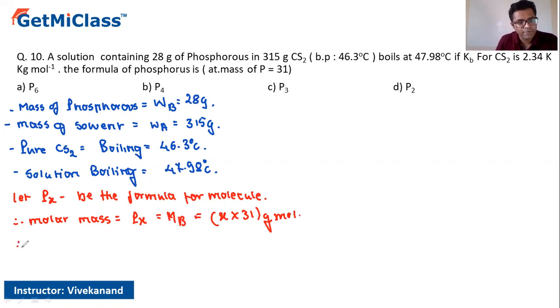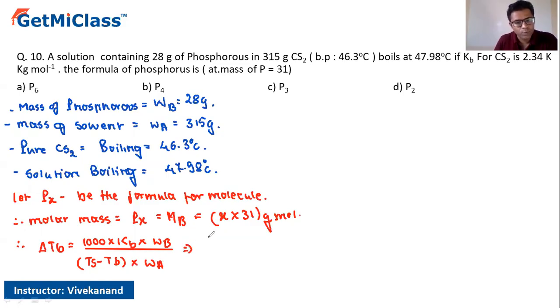Okay, therefore, considering delta Tb values, so delta Tb, that is nothing more than the elevation in the boiling point. All right, so is equal to 1000 into Kb into Wb, the whole thing divided by Ts minus Tb into Wa.